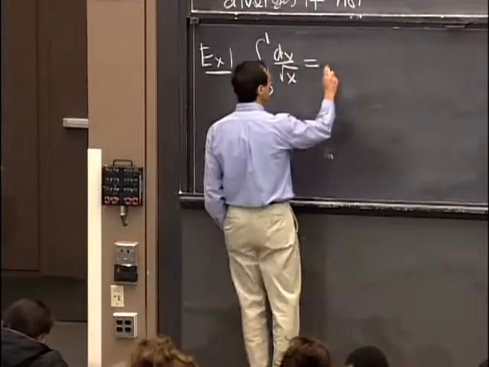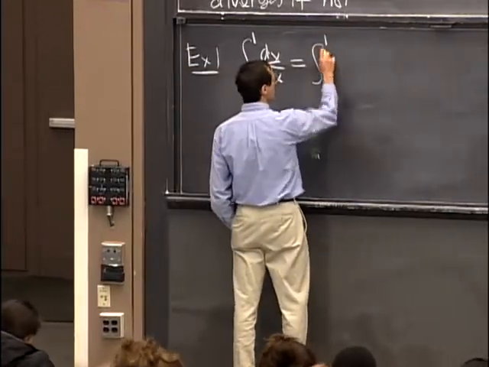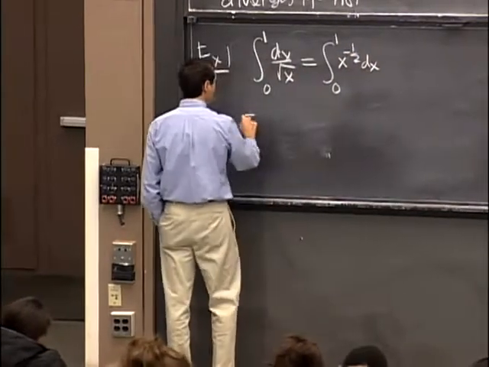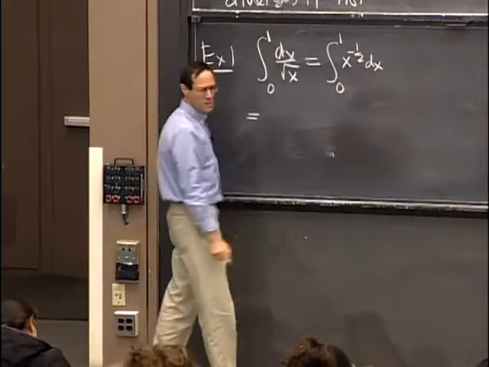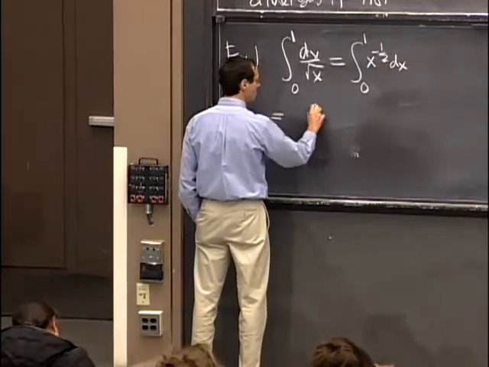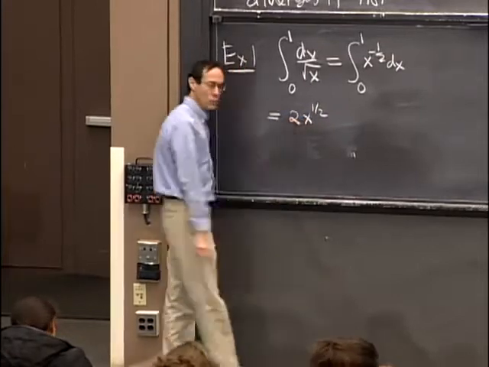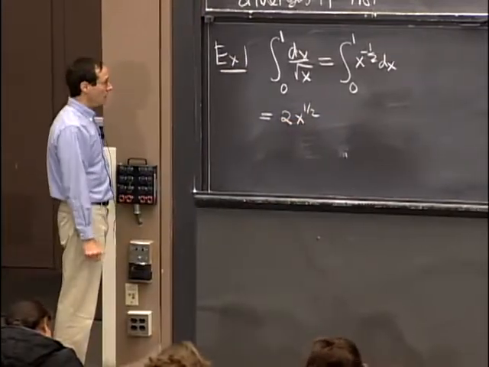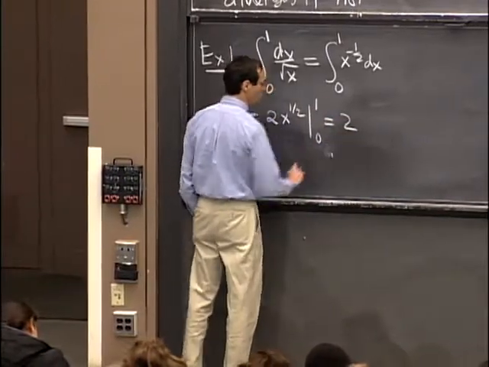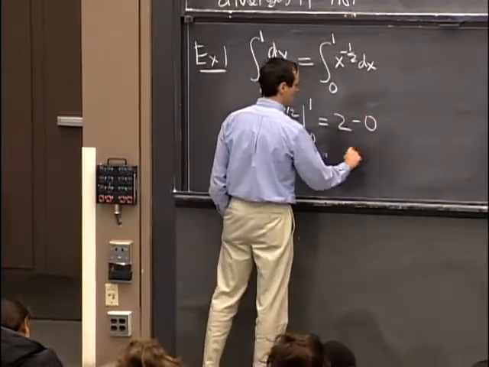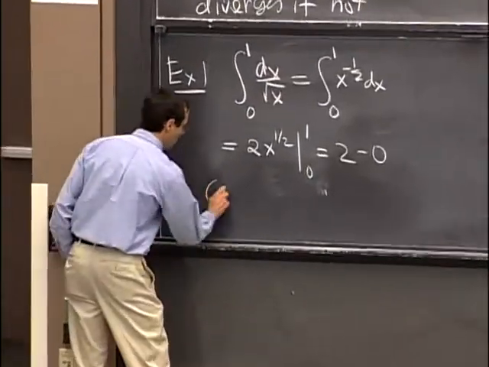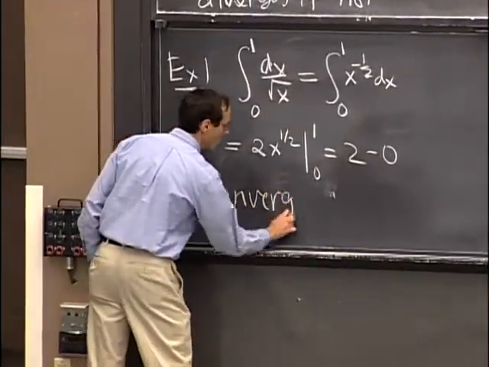But if you evaluate it, first of all, we always write this as a power, to get the evaluation. And I'm not even going to replace the 0 by an a. I'm just going to leave it as 0. The antiderivative here is x to the 1/2 times 2. And then I evaluate that at 0 and 1, and I get 2 minus 0, which is 2. All right, so this one is convergent. And not only is it convergent, but we can evaluate it.